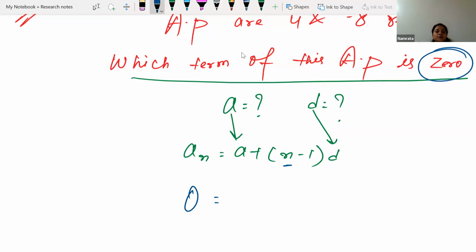Yes, ma'am. Okay. So we know A, we know D, and we also know, let's say, the nth term is 0. This is the formula for the nth term. Here n represents, don't get confused between an and n. n means the counting thing: first, second, third, fourth, fifth, 20th, 30th, 50th, like that.